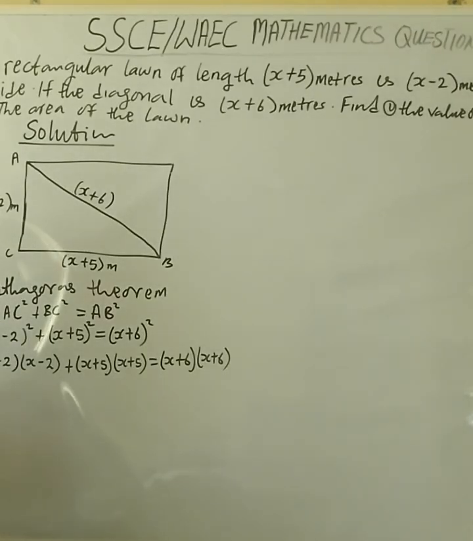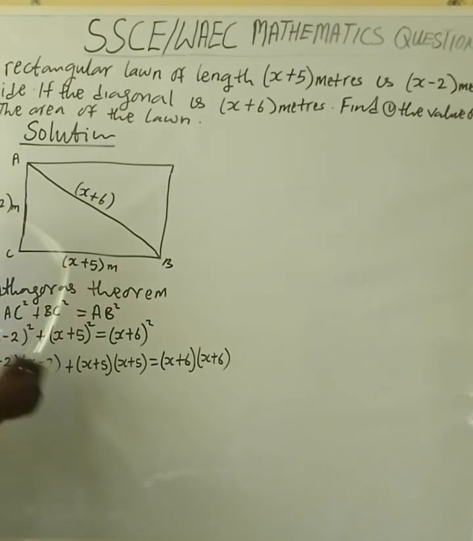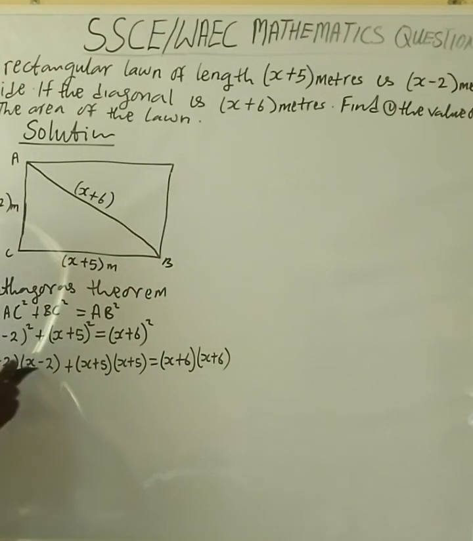Then we open the bracket. When we open the bracket, we have x times x, which gives us x squared. x times minus 2 is minus 2x. Minus 2 times x is minus 2x. Then minus 2 times minus 2 is plus 4. Are we together now? So we are done with the first bracket.